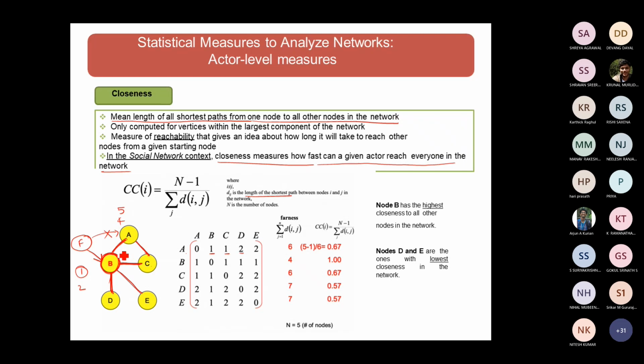It is longer than the shortest, so I'll ignore that. Our concern is only the shortest path. A to E, it can reach through B, B to E. In this way, you arrange this matrix. So what is our formula? The formula of the closeness centrality is n minus 1.